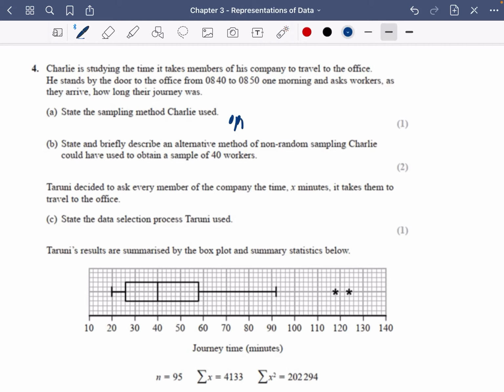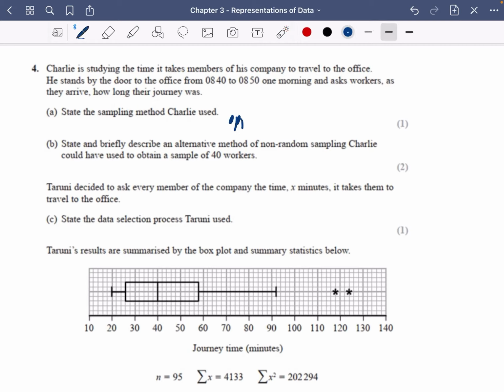State and briefly describe an alternative method of non-random sampling that Charlie could have used to obtain a sample of 40 workers. So it has to be non-random. If you said stratified, random sampling or systematic sampling, those are all examples of random sampling. So the only other non-random sample that we could do is quota sampling. So I would want you to write down quota sampling for this. And maybe he wants to do it by gender.